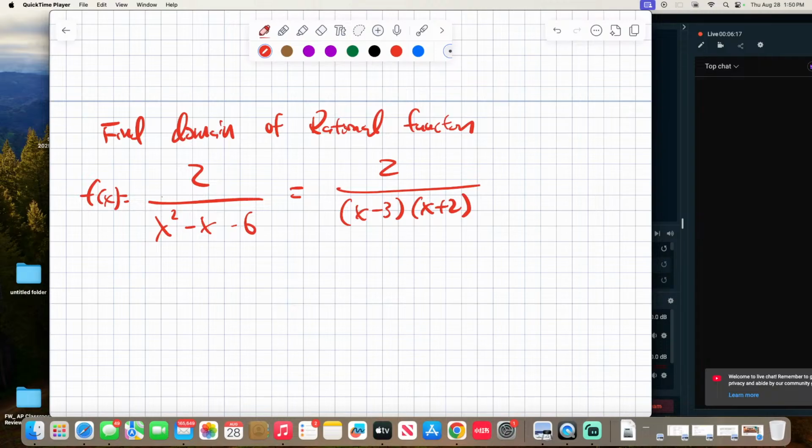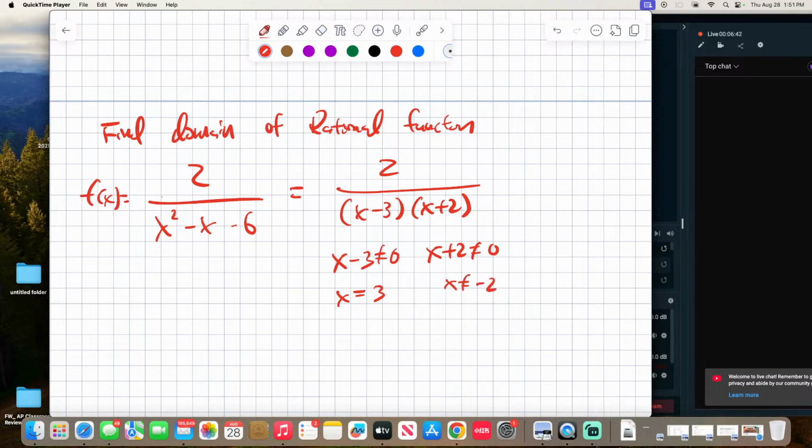You set them equal to zero. So x minus 3 and x plus 2. Now, instead of an equal sign, I'm going to say cannot equal. So x cannot equal 3, and x cannot equal negative 2.